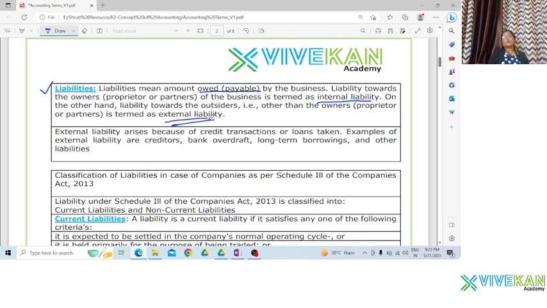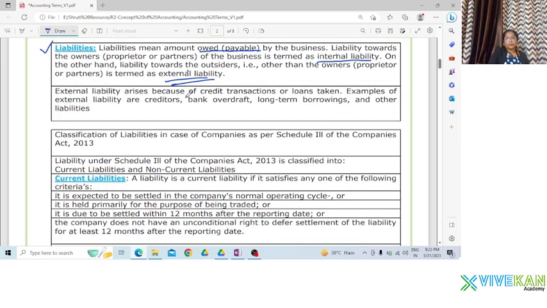So in any transaction which gives you the feeling that you have to pay him, that you owe him, those types of heads are considered a liability. There can be an internal liability and an external liability too. Now this is the definition of liability.